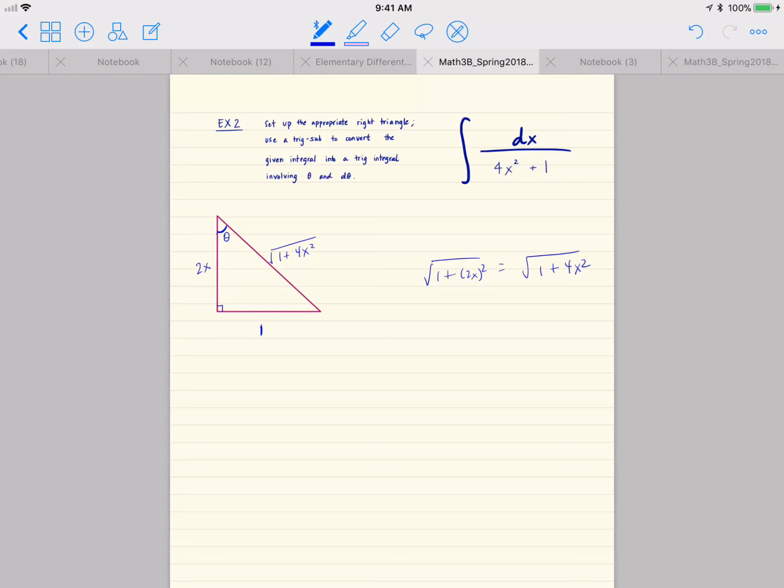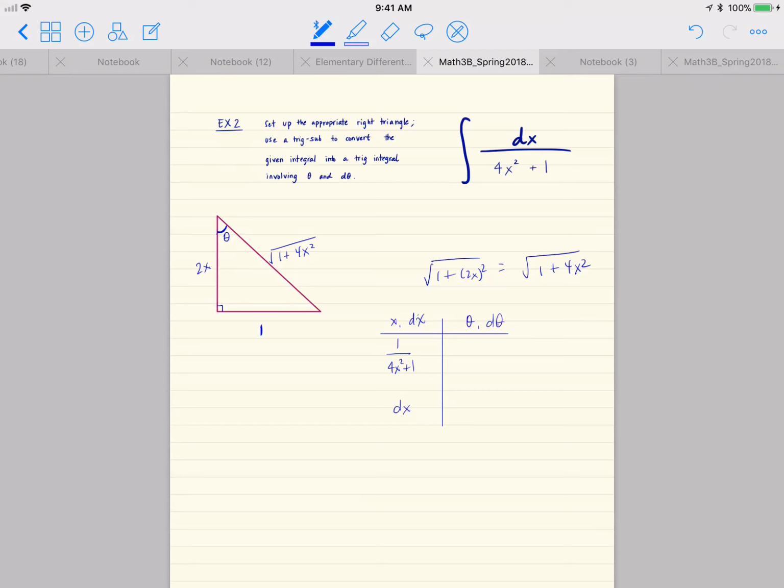So now, we're ready to convert stuff in terms of x. What stuff do we have in terms of x? We've got 1 over 4x squared plus 1, and we have a dx. We need to convert this into stuff in terms of theta. So this is x and dx, and we're going to convert each of these symbols into terms involving theta and d theta.